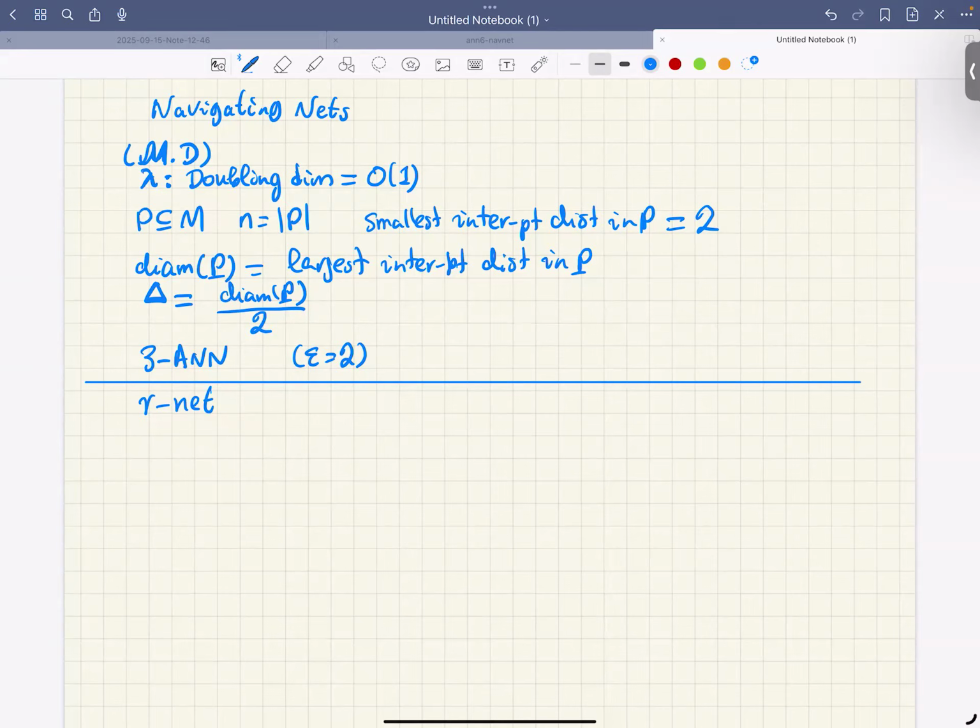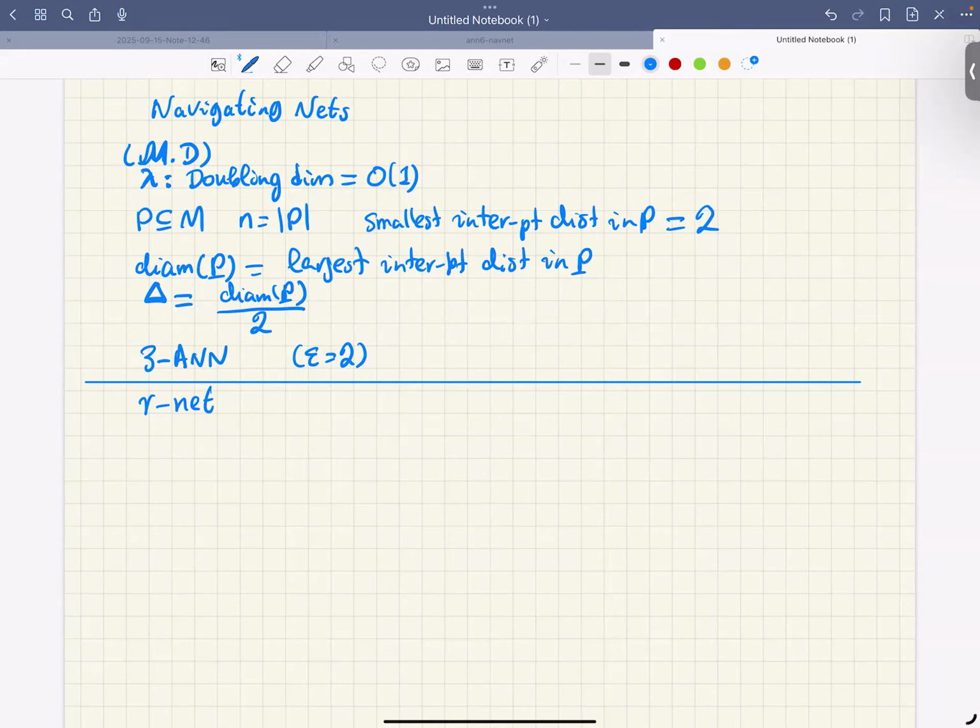Please take my word for it. To be honest, in my memory, I don't remember having seen a single non-trivial problem that can be solved without using RNet. So just think about RNet as something you must be familiar with if you want to start thinking about how to solve a metric space problem efficiently.